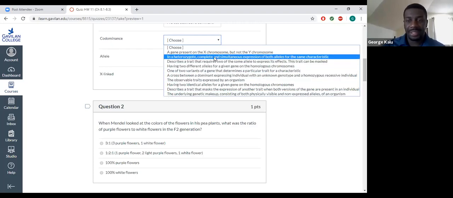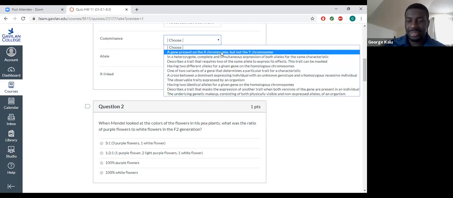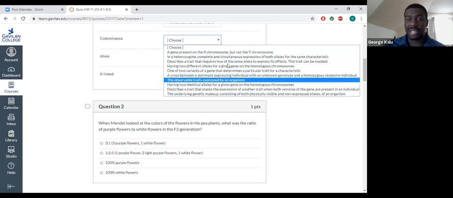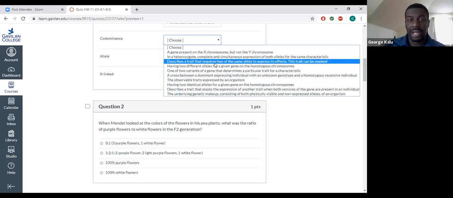Anybody? So not one of two variants of a gene. Anyone have an idea? So codominance. Yes, perfect, testing. So it's where we have simultaneous expression of a gene.